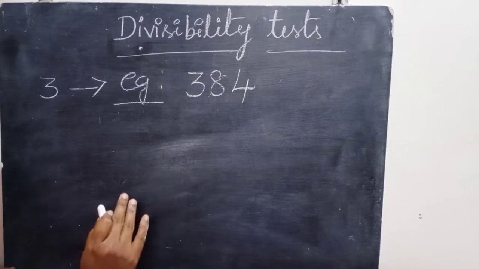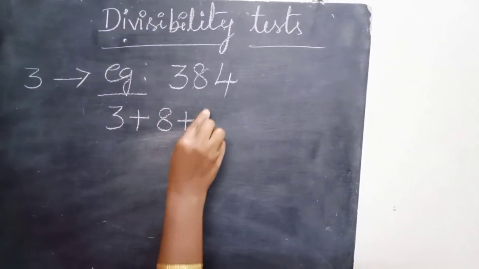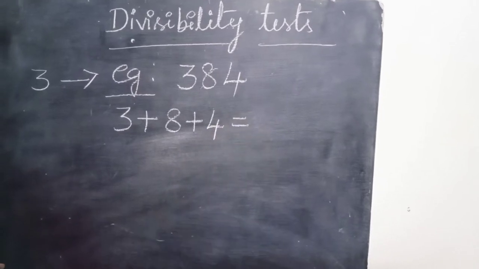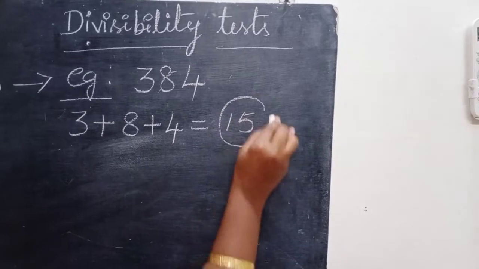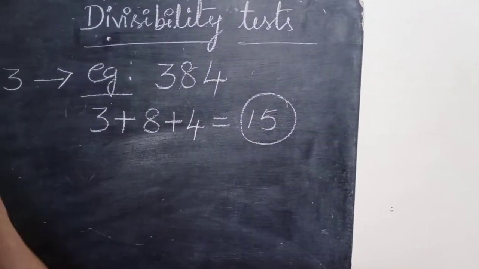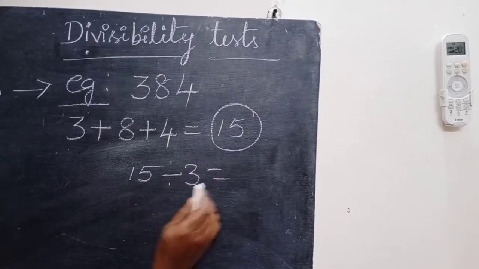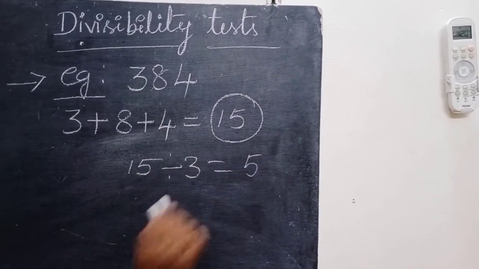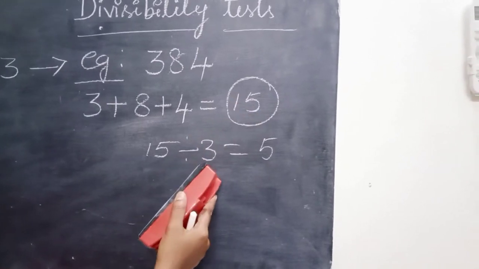Sum means addition of the digits. 3 plus 8 plus 4. 8 plus 4 is 12. 12 plus 3 is 15. Now this total should be divisible by 3. Is 15 divided by 3 or not, children? 3 fives are 15. Okay. So 15 is exactly divided by 3.